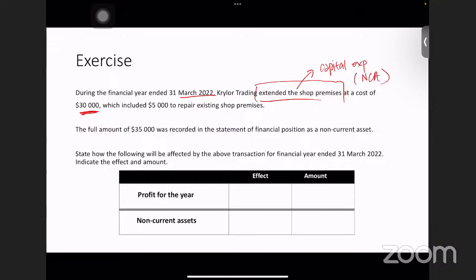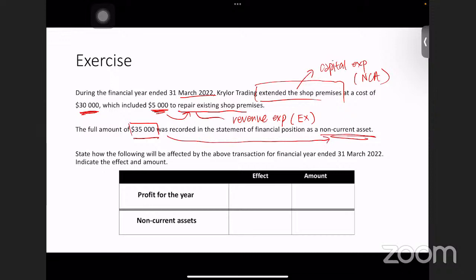So this one will be a capital expenditure, which I will call an NCA. Inclusive of the 30,000, 5,000 is used to repair. Remember just now I said repair or maintain, you know for sure that is a revenue expenditure, and that is an expense. Here they say that the full amount of 35,000 is recorded as a non-current asset.